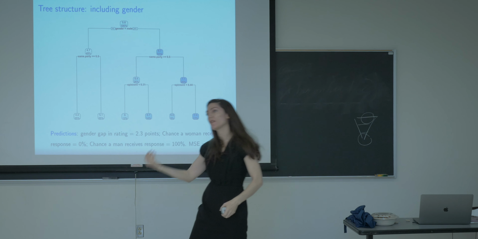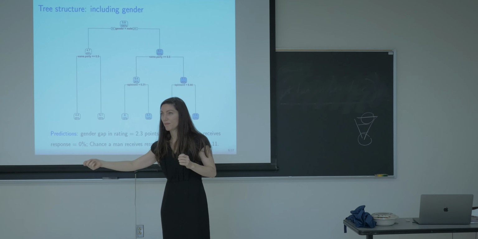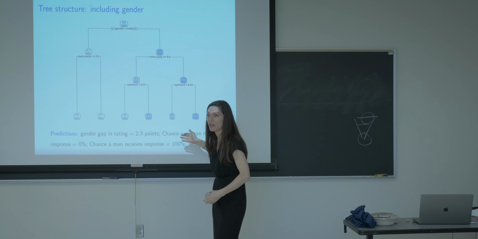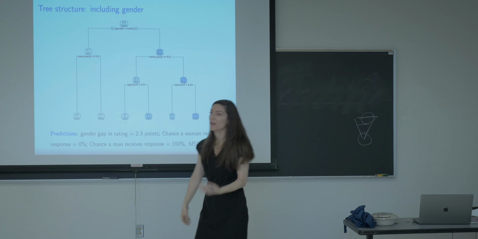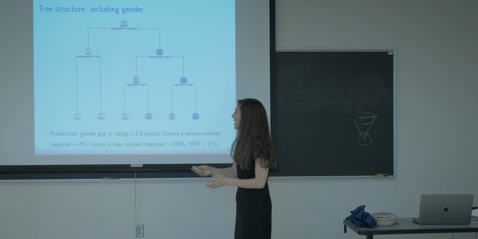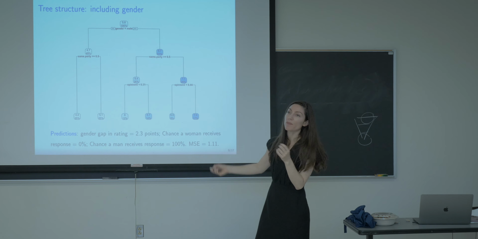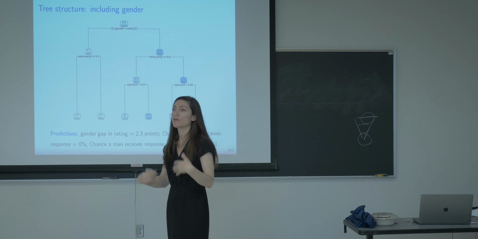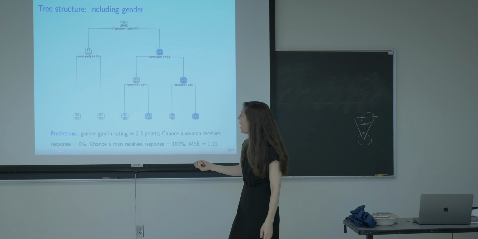So men who share the same party ID and who are not supportive of the policy on the women's issue are the ones who receive the highest rating and are most likely to receive a response. Women who don't share the same party ID with the legislator are the least likely to receive a response because they receive the lowest rating. Okay? So the gender gap in ratings is about 2.3. And these are predictions made out of sample, meaning made for observations that were not used in estimating the tree. Okay?